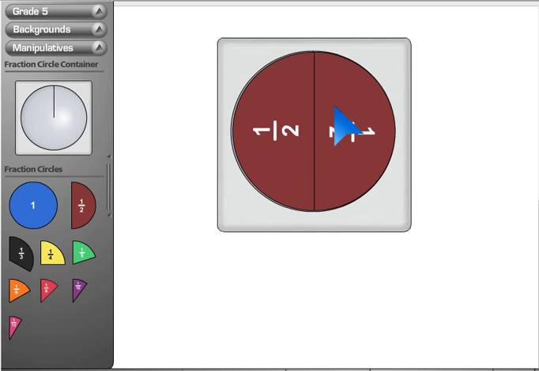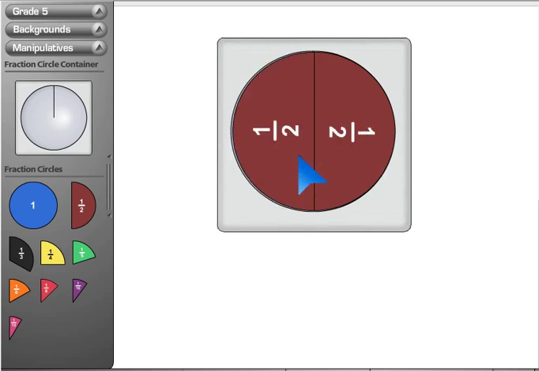What this tells us is that the whole has been divided into two equal parts. The number above the line, 1, tells you this is one part, and the number below the bar, 2, tells you how many pieces this circle has been divided into. So this circle has been divided into two parts.